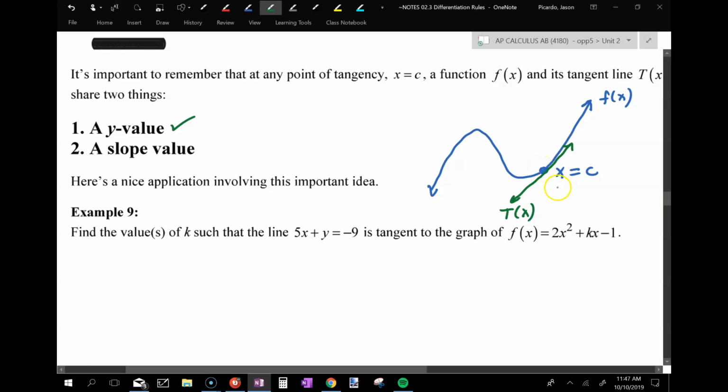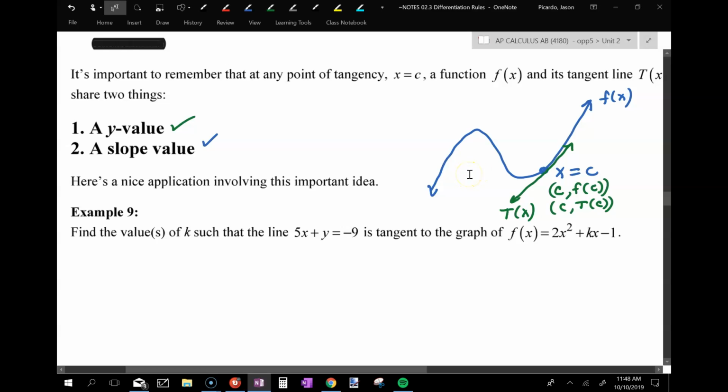So they share c comma f of c, or c comma t of c. In other words, to get the y value, I can plug the value of c into the original function or into the tangent. Fair to say? What else do they share? Well, they share the same slope at that point, don't they? So they both share those two commonalities, okay?